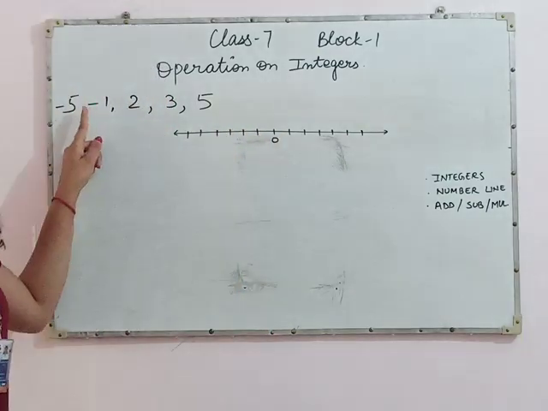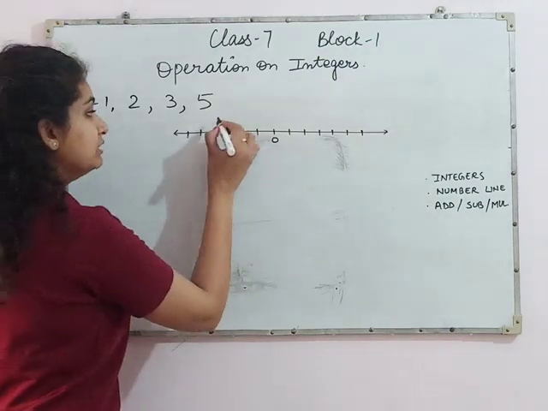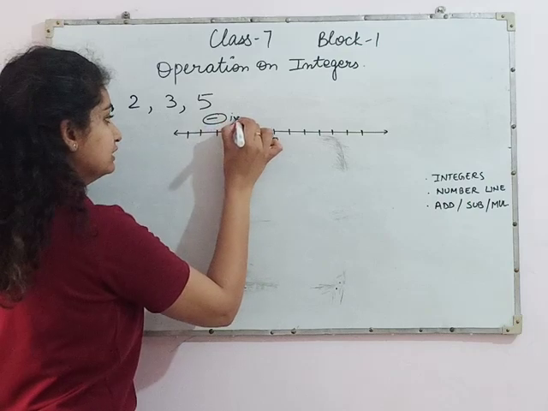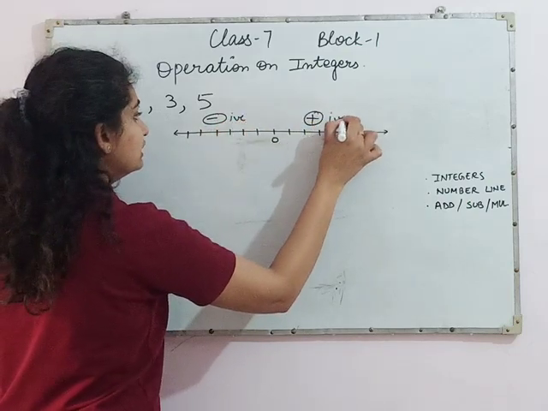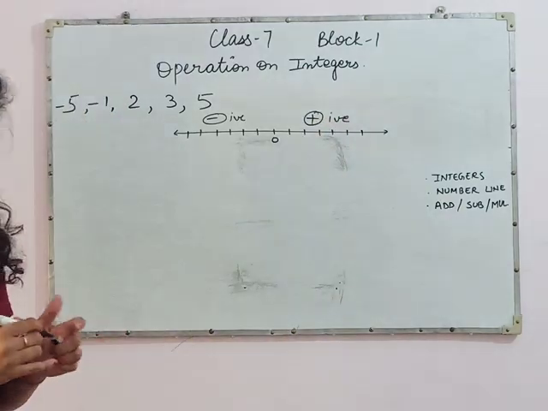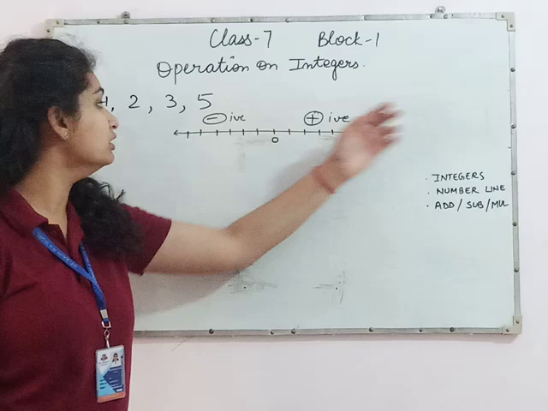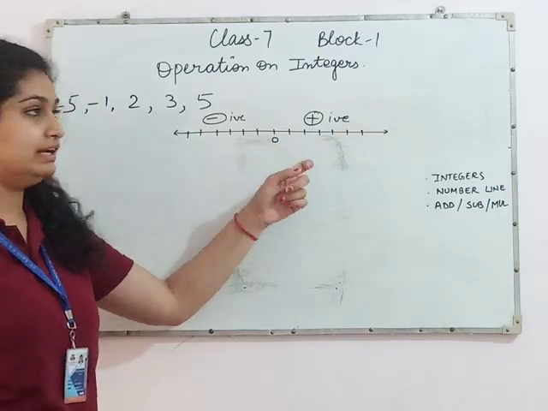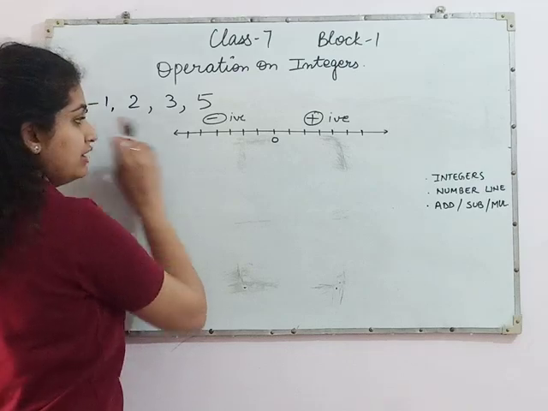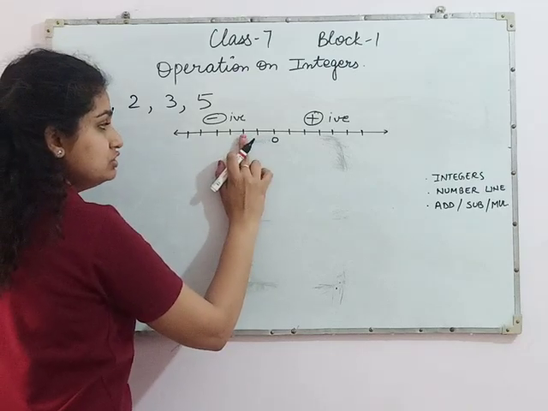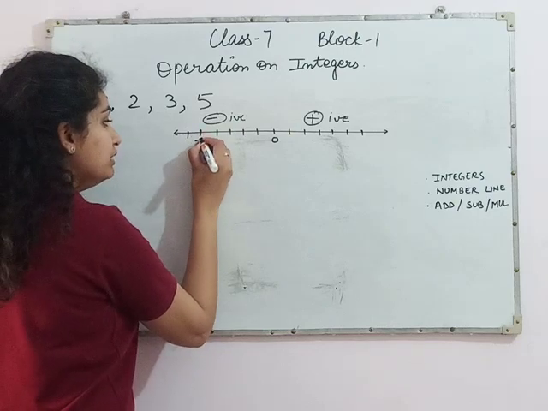Right? If I have to plot -5, negative numbers are on the left side of the 0. Positive numbers are on the right side of the 0. Whatever positive number we are writing goes to the right side, and negative numbers, whatever we are writing, go to the left side of the 0. So -5: 1, 2, 3, 4, 5. This will be -5.